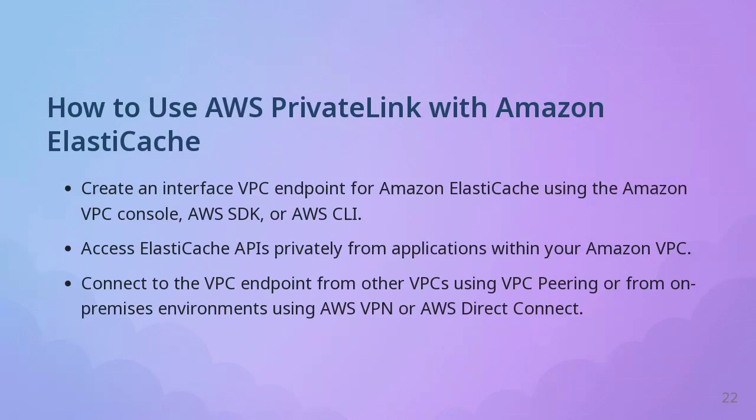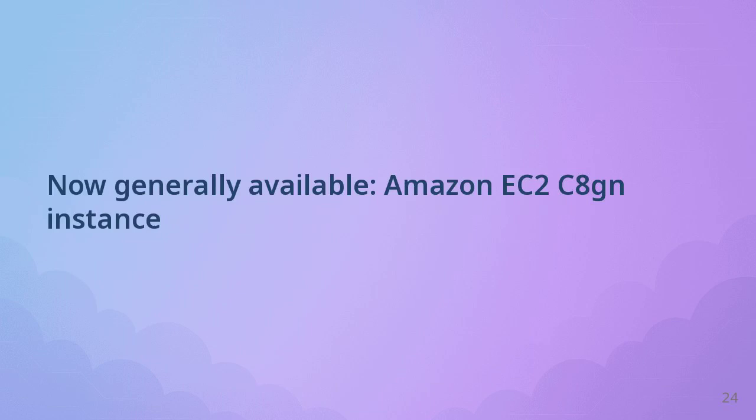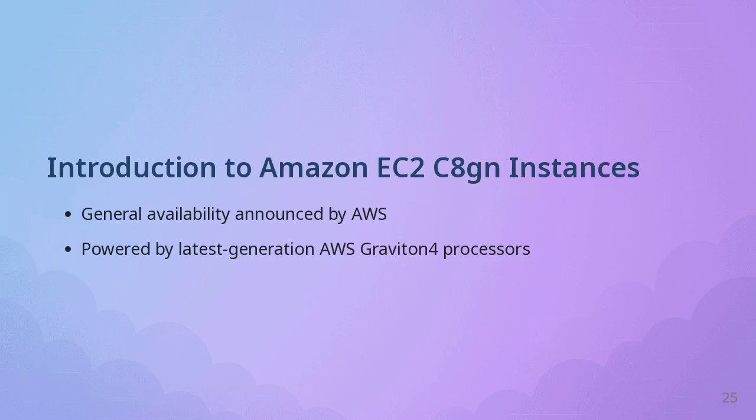To utilize AWS PrivateLink with Elasticache, users must create an interface VPC endpoint. This allows for private access to the Elasticache APIs and connectivity from various environments. For further information and a complete list of supported regions, refer to the AWS documentation or visit the Amazon VPC console.